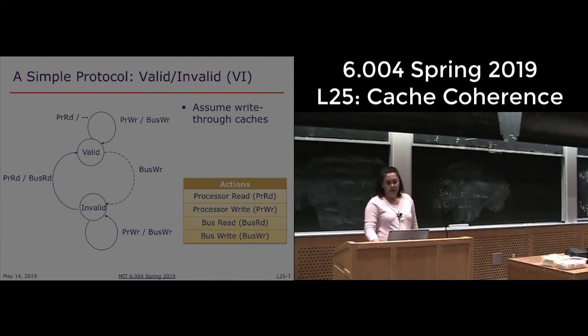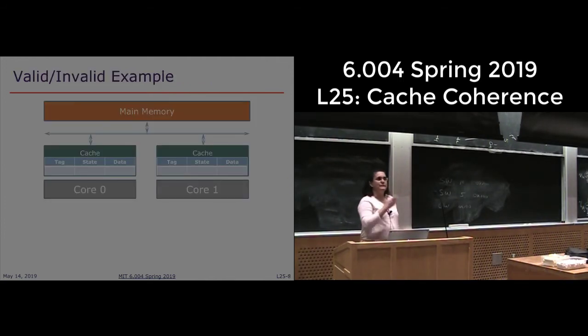Okay? So let's work through an example just to make sure that we're comfortable applying this FSM to multiple caches talking to the same main memory and trying to access the same address.